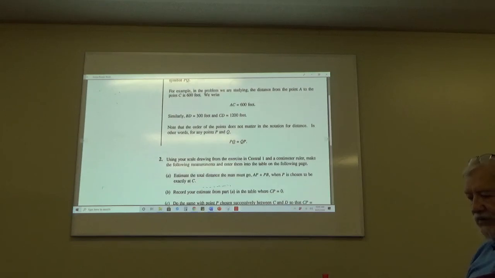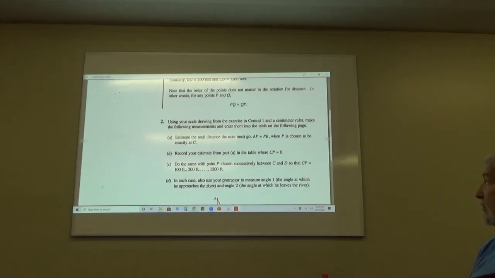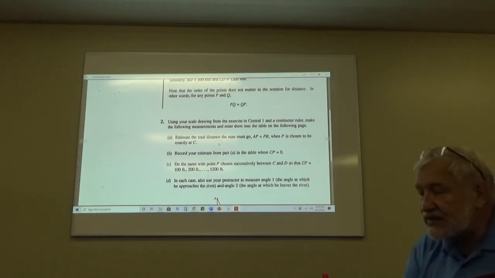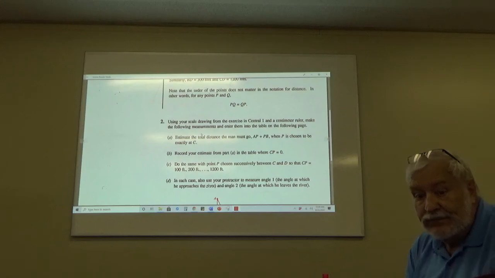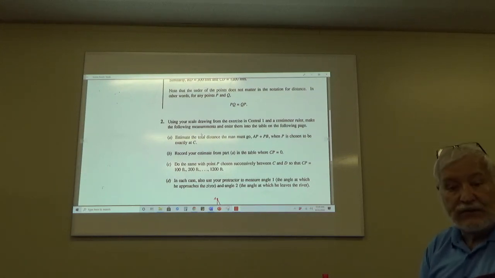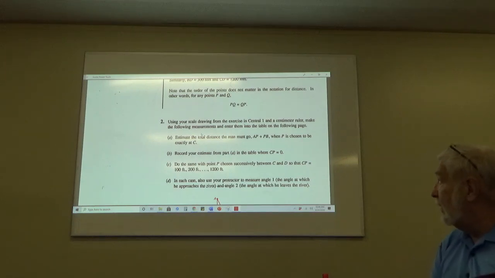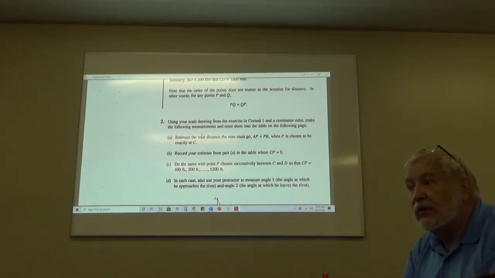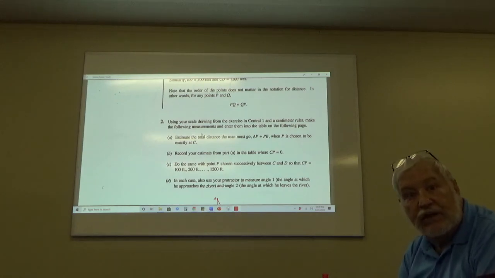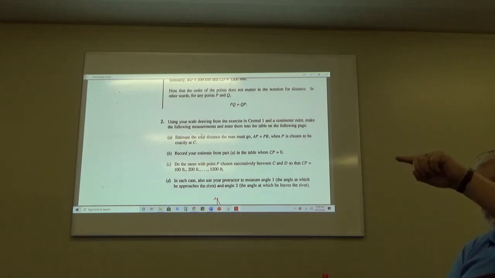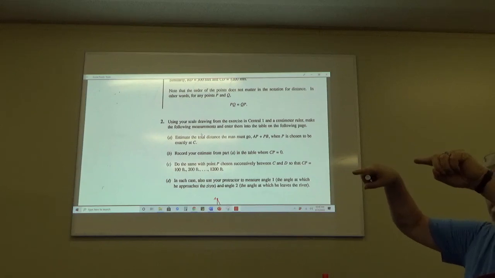So what does the drawing look like then? On your paper, make a drawing. It says make a scale drawing. Now we don't have the materials right now for that, but if you had a ruler, you could use 1 centimeter is 100 feet, and so you could have a 6 centimeter and a 3 centimeter line.